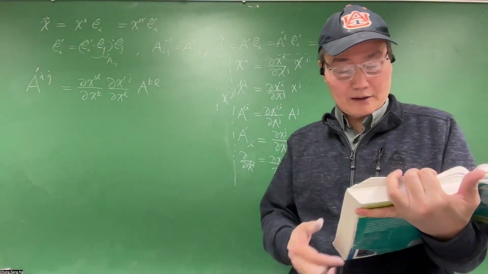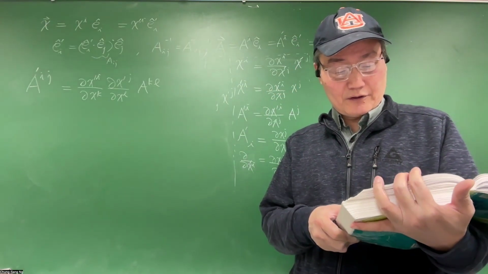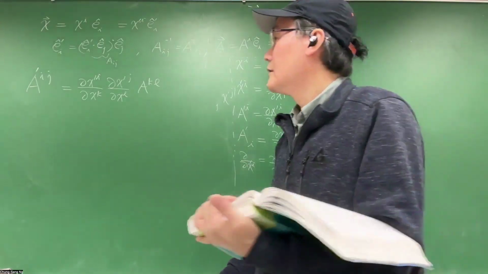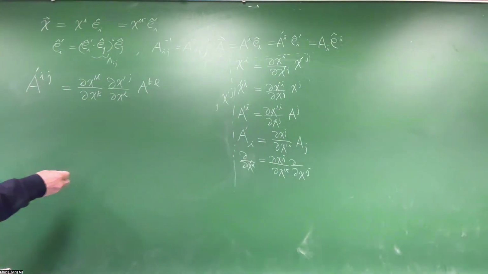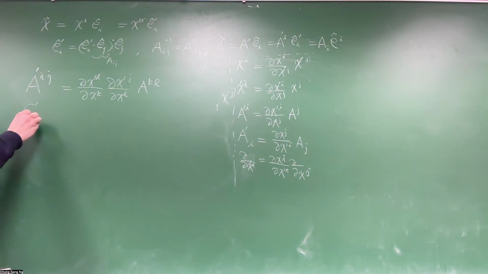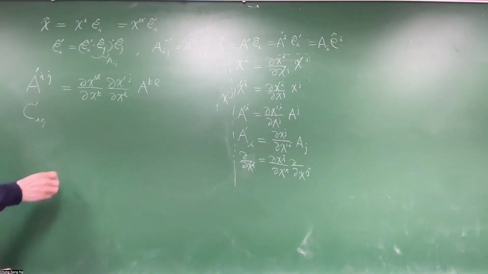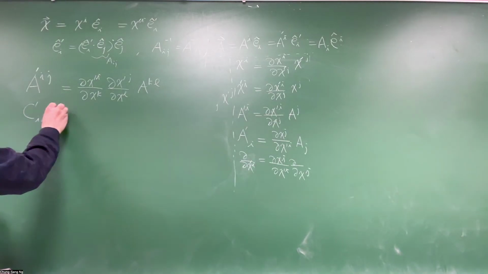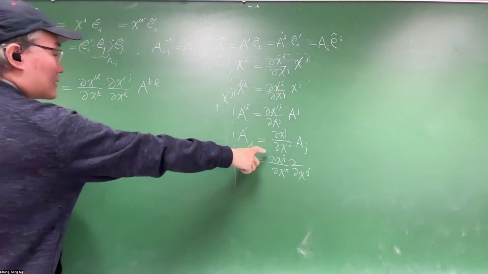Okay, so that's the first. I think that's the first equation, right? And likewise, you can have both in the subscript. This is the third equation in the textbook, right? Now both should transform like the other one.